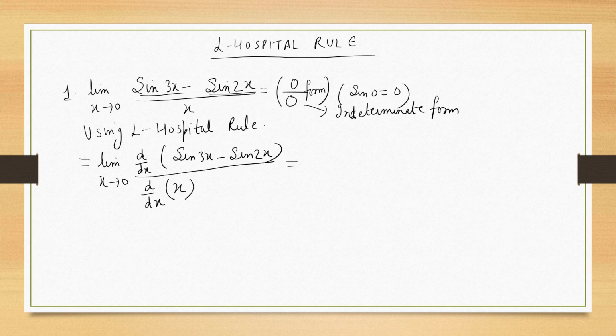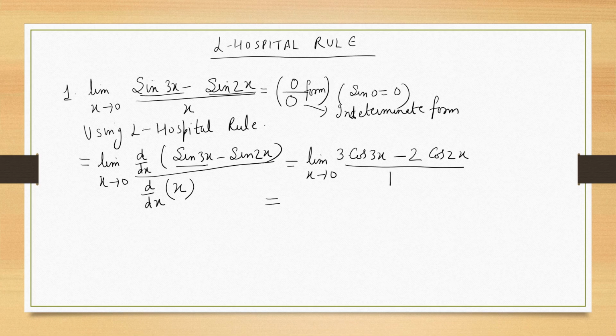Now let us see what it becomes. It becomes derivative of sine 3x is 3 cos 3x. Derivative of sine 2x is 2 cos 2x. And the derivative of x is 1.